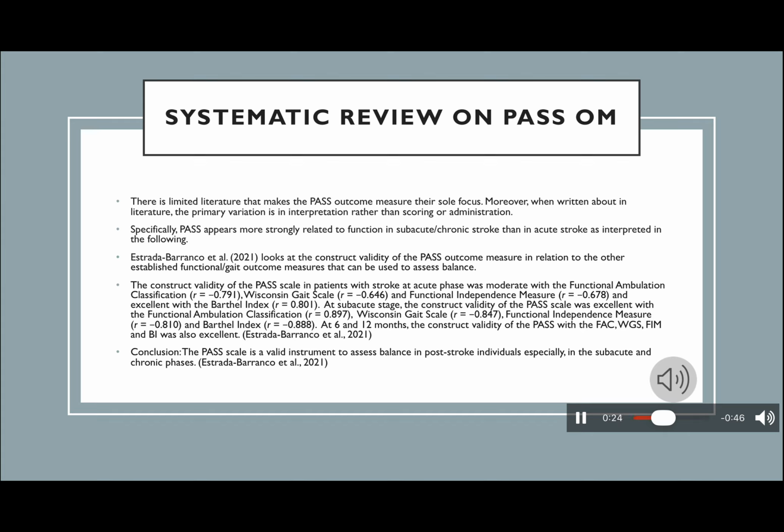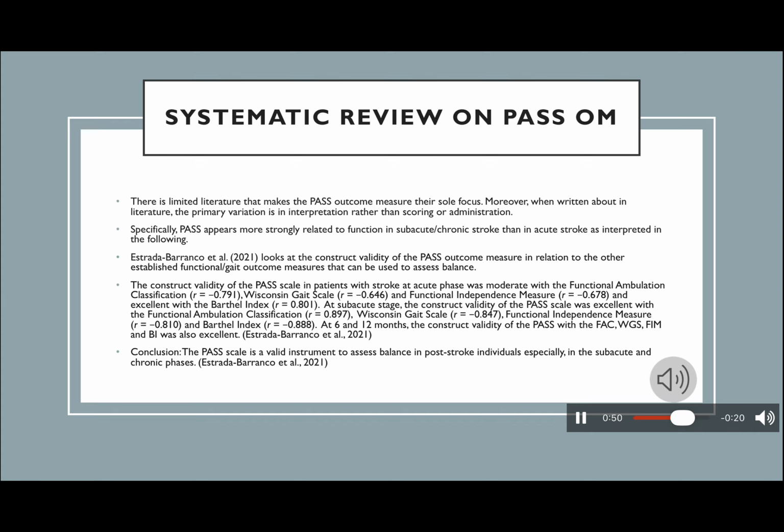In a study by Estrada-Barranco and colleagues in 2021, they examined the construct validity of the PASS outcome measure by comparing it to other established functional and gait outcome measures that can assess balance. In the acute phase, the PASS showed moderate relationships with measures like the Functional Ambulation Classification, Wisconsin Gait Scale, and Functional Independence Measure, and a stronger relationship with the Barthel Index.